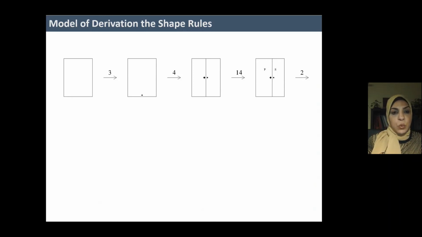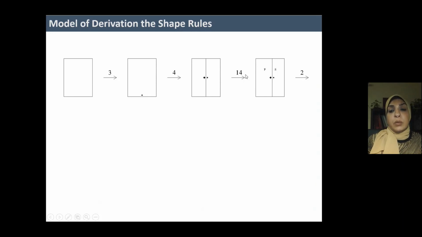the shape rules. By applying rule number 3, we are going to put our label on the shorter side, so we can divide the space into 2 spaces, private zone and semi-private zone, and we label from the longer side to know that the next step is going to work on the middle line.